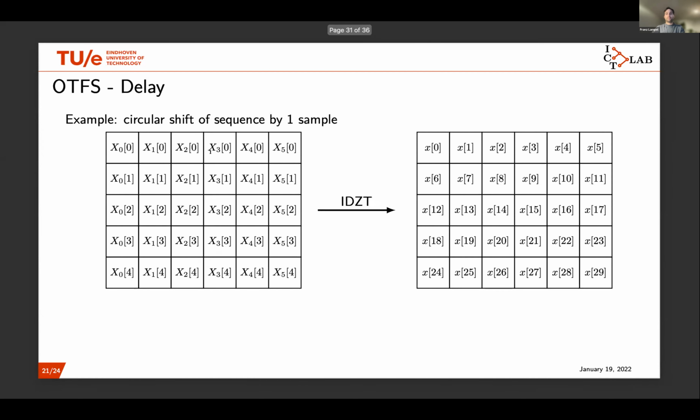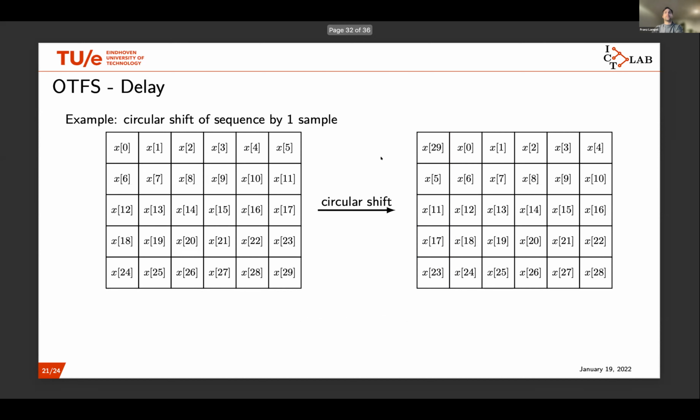What is happening is that the first sample gets to the second position, which you can see here. The last sample falls out of this row and comes in the next row. So X5, which was here, goes now here, and so on. And the last sample here, the X29, which was here, due to the cyclic extension, comes in at the first position.